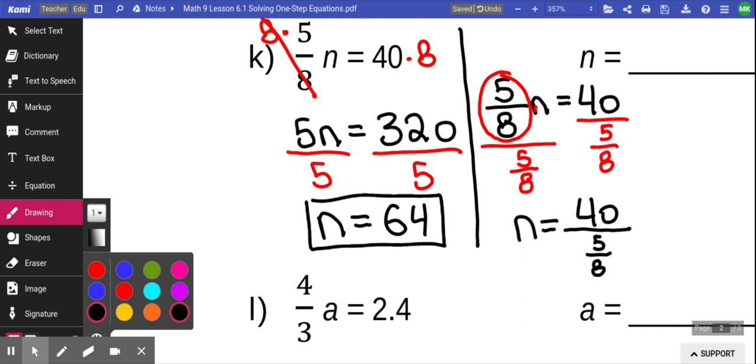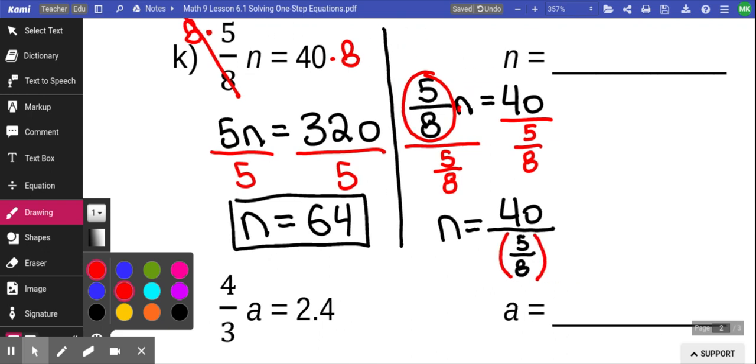If you put this in your calculator, what's important is that the 5 over 8, you either change it into a decimal and then you do 40 divided by that decimal, or you put brackets around the 5/8 so that your calculator knows to do 40 divided by the fraction 5/8. If you put this in your calculator, you should get that n equals 64 still.